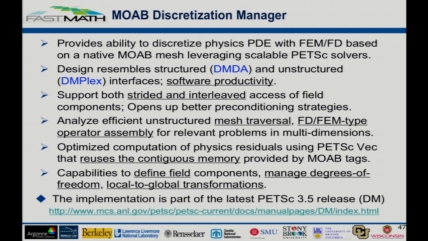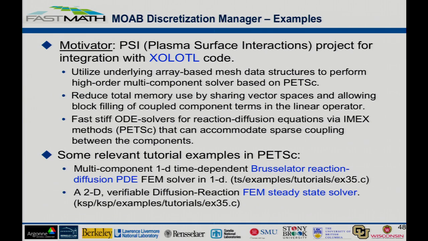There are also interfaces and API functions to define different field components, to manage the degrees of freedom, to query the degrees of freedom and assemble your linear system. The vector local to global transformations are also provided. So this DM MOAB interface is actually part of the latest PETSc release, so you can look it up, maybe try out a few examples there.